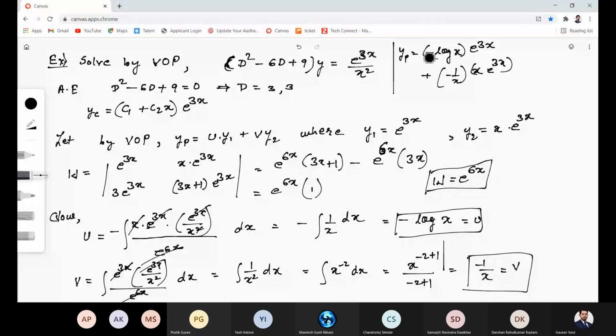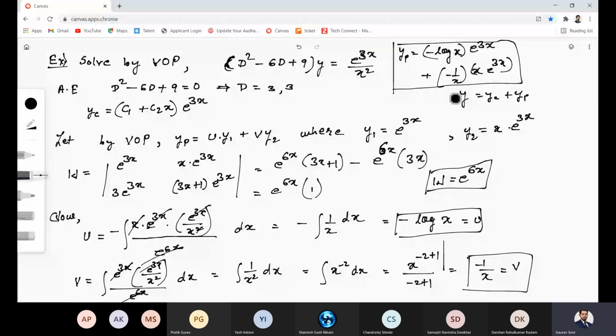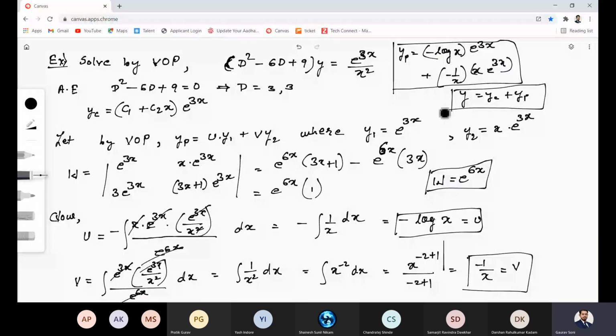This is yp. And so your final solution y will be equal to yc plus yp. Make sure that you write down the final solution. It has 1 mark. If you are fortunate enough to give a theory exam, then you have to complete it up to yc plus yp.